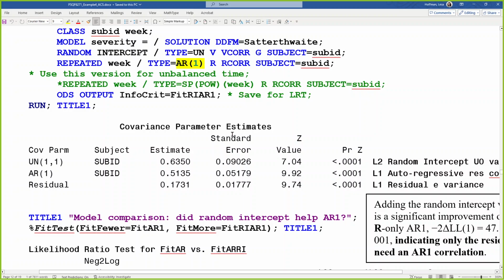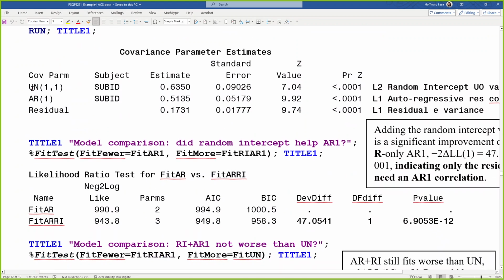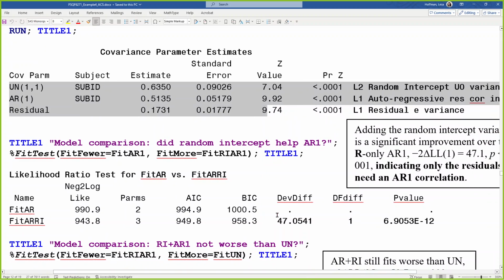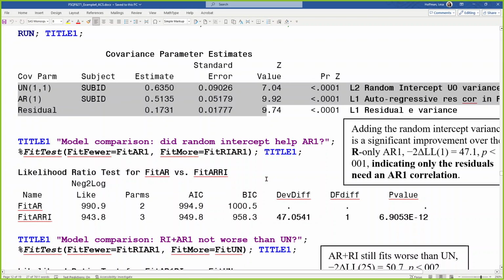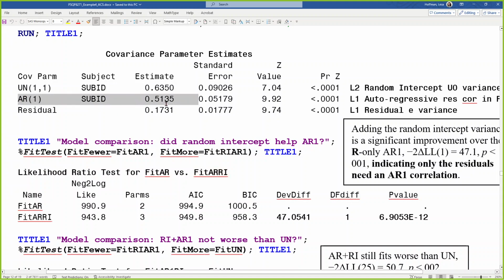So in terms of the pieces that you get out of this model, there's 3. And I have these labeled in the SAS output because they're not directly given in all the programs. So the first one is your variance of the random intercepts. That's what G has, between person mean differences. The AR1 term is the R correlation that goes in the R matrix.